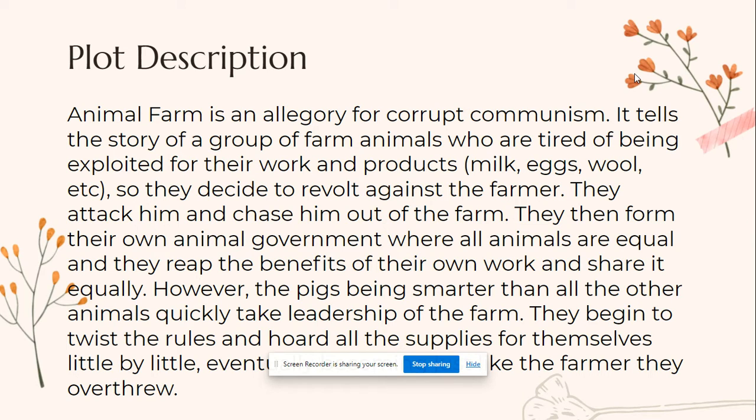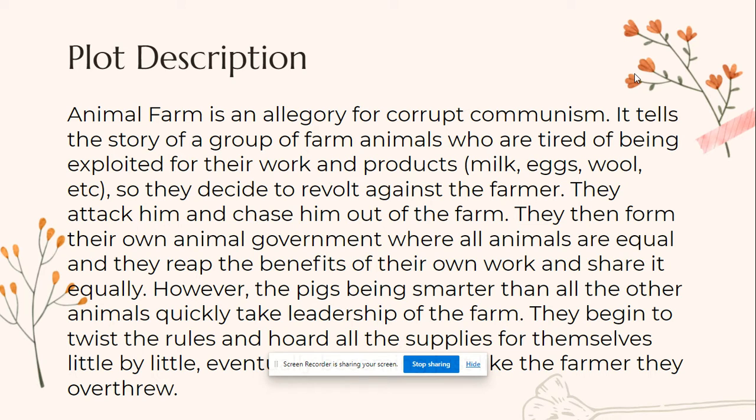So, a little plot description. Animal Farm is an allegory for corrupt communism. It tells the story of a group of farm animals who are tired of being exploited by humans for their work and their products, like milk, eggs, wool, etc. So, they decide they're going to revolt against the farmer.